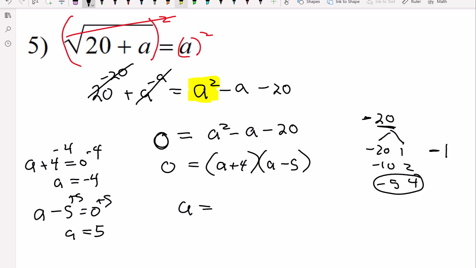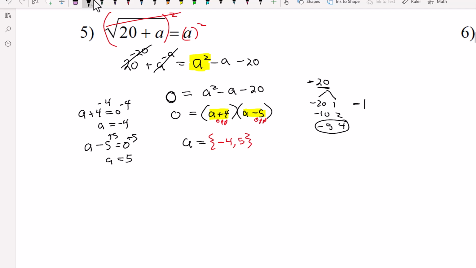What I like to point out to students is that if you look in here, what would you add to positive 4 to get it equal to 0? Well, you just take the opposite, whatever the opposite number is. So in this case, a would equal negative 4. In this case, a would equal 5. Now you have to do the checks.